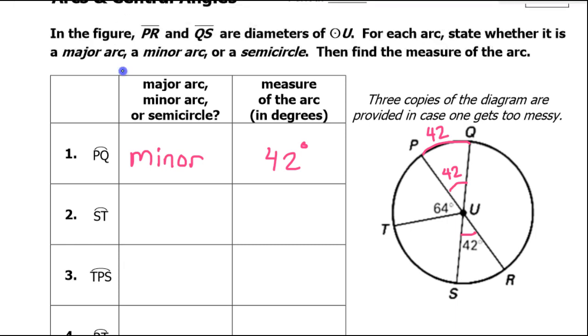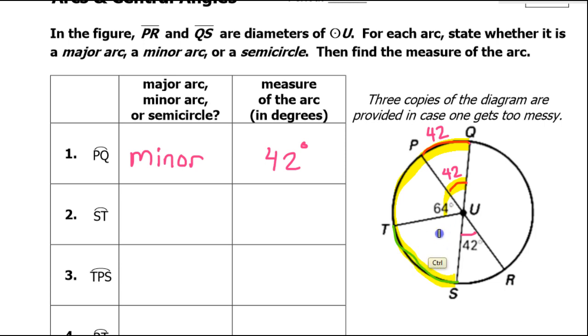Now, how about arc ST? So here is arc ST right here. Okay, well, this is the missing part of a semicircle. Can you see that if I look right here, this would be a semicircle? Now, if you look at the central angles, we have this central angle and this central angle.